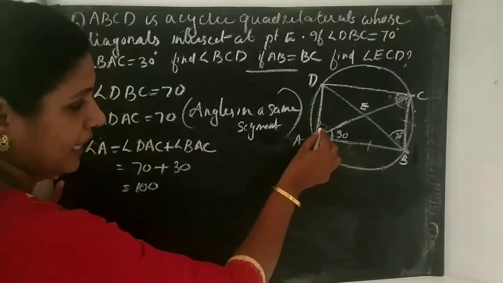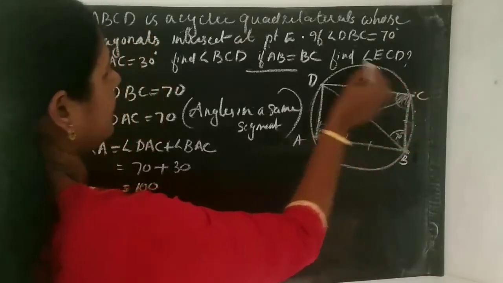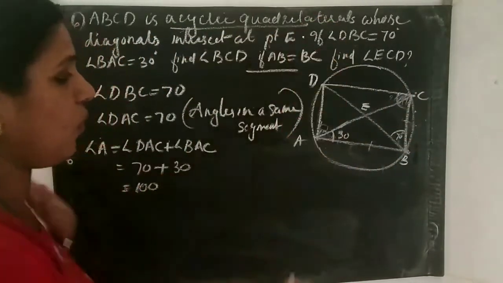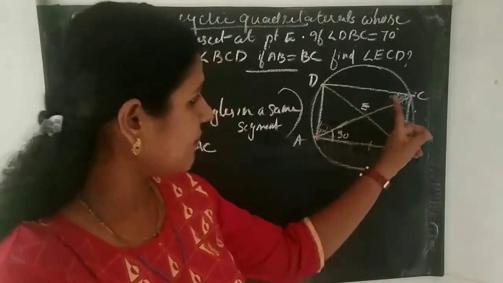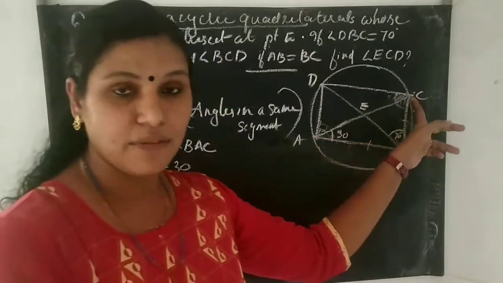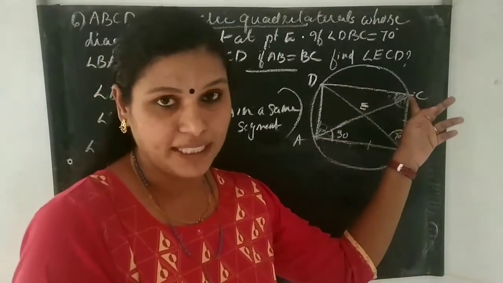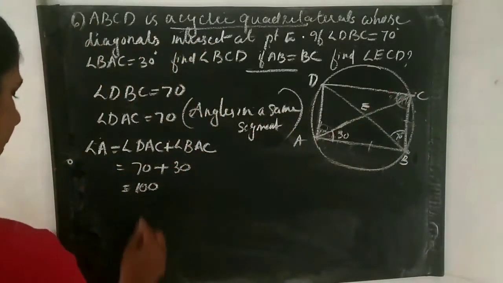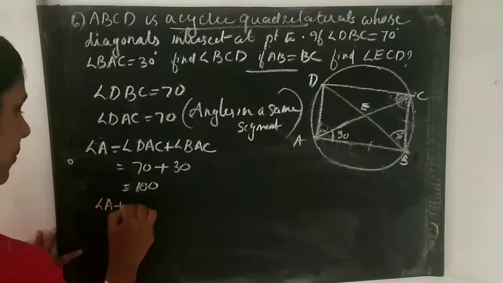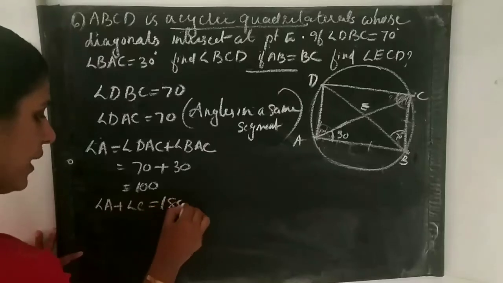That is angle A and angle C. This is a cyclic quadrilateral. The sum of opposite angles of a cyclic quadrilateral is 180 degrees. So angle A plus angle C equals 180 degrees.